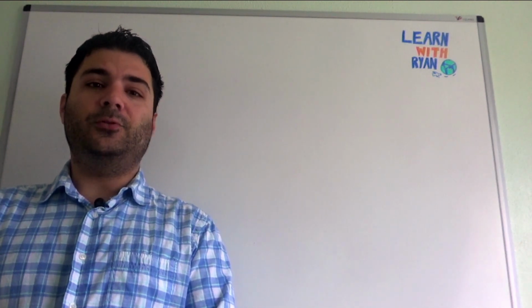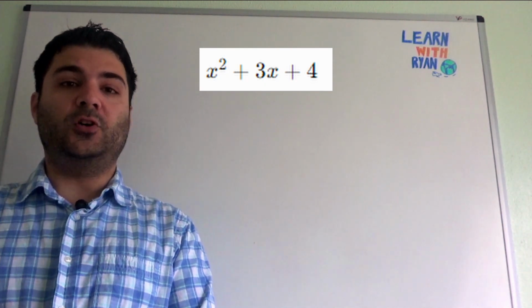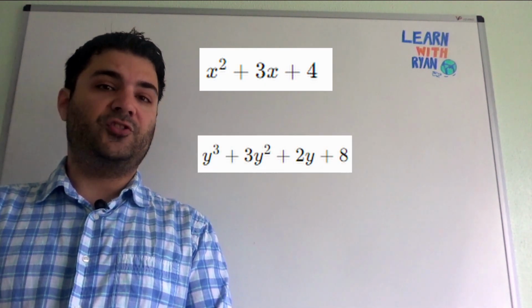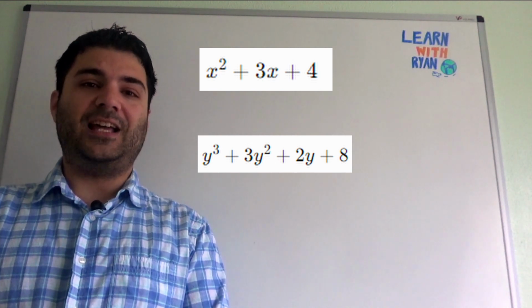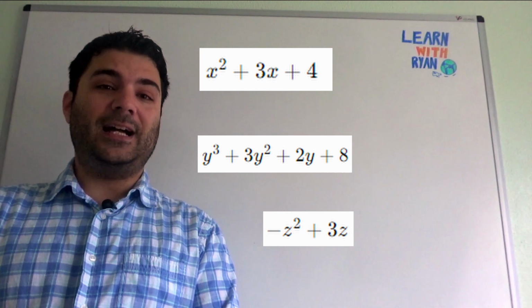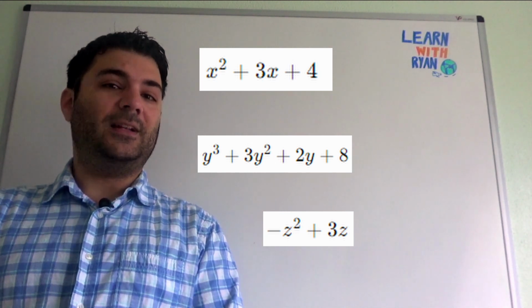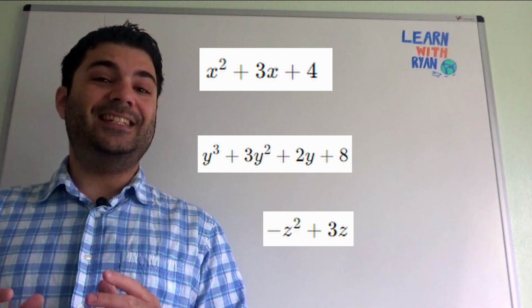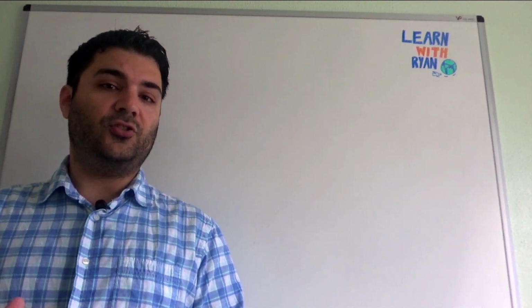So for example, x squared plus 3x plus 4 is an example of a polynomial. y cubed plus 3y squared plus 2y plus 8 is also a polynomial. Minus z squared plus 3z is also a polynomial. So we're going to have a look at how to differentiate those sorts of functions.